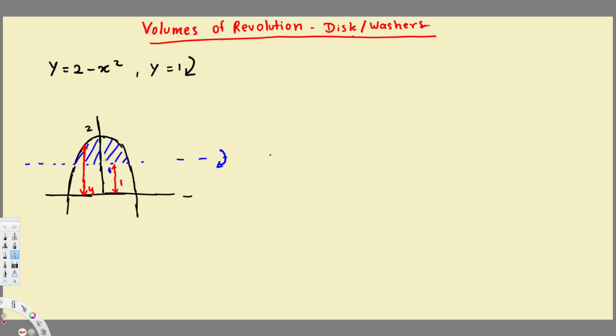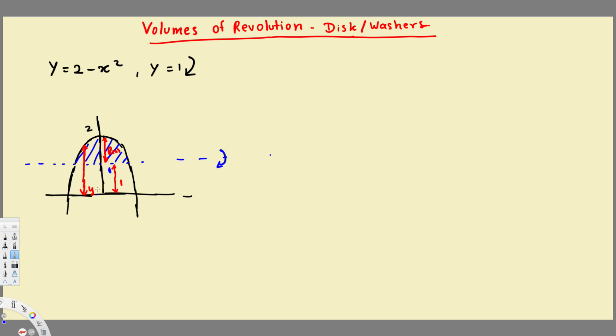And radius is basically the distance between the curve and the rotation axis. So here the radius is going to be this distance right here. So this is our r of x.